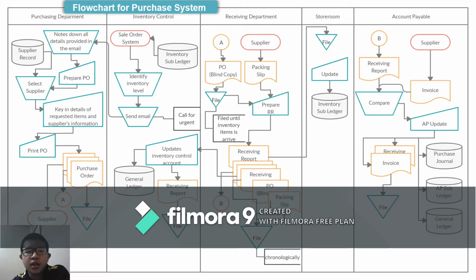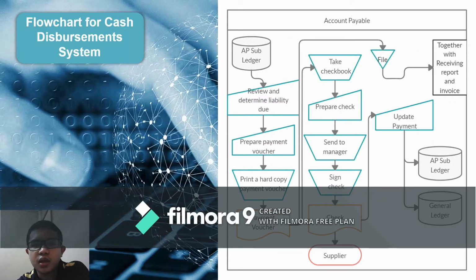And for example, in that department also, the PO is also a manual process. For example, at the account payable department, comparing the receiving department report with the invoice is a manual process. For the flowchart for the cash disbursement system, they will have only the account payable department, because there are no other entities who do these activities.